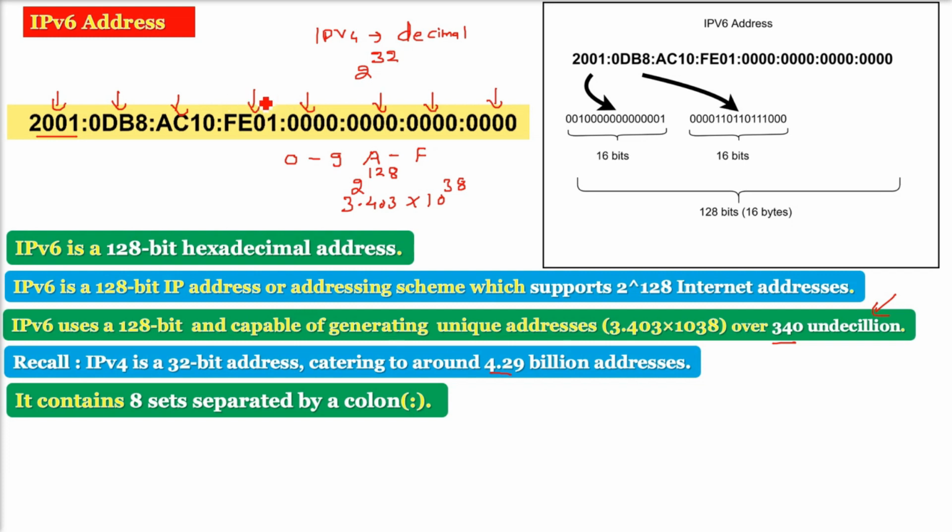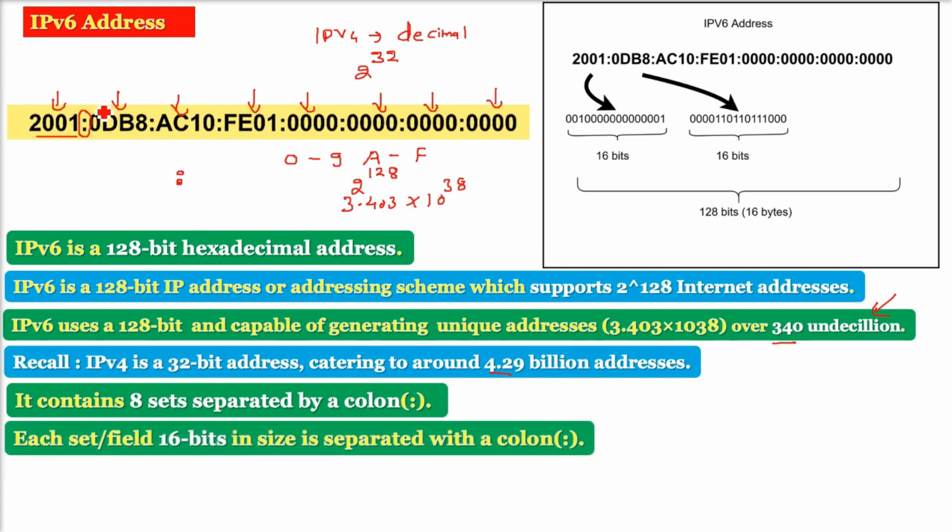They are separated by a colon, that is two dots vertically. Each set, field or group is 16-bit. How many are there? 8. 16 times 8 is 128. So 128-bit has come from there.